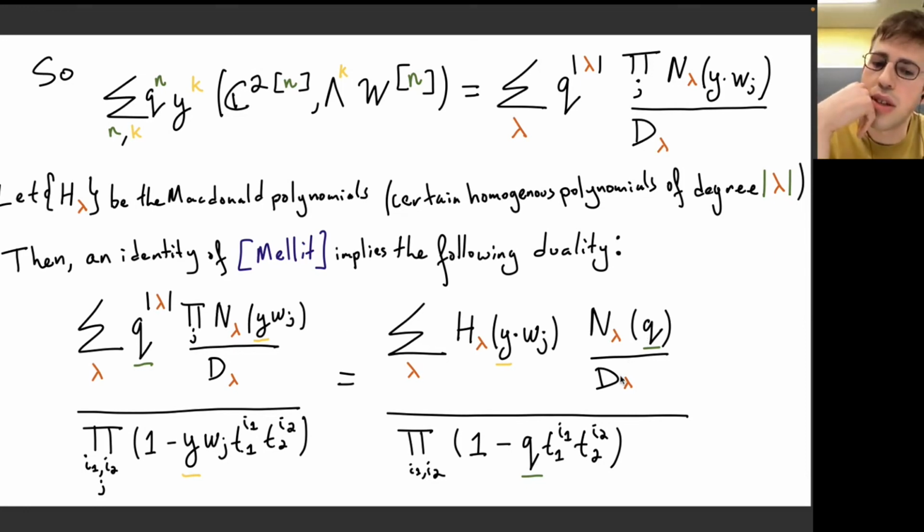And this denominator d lambda turns out to be the same. And again, on the right-hand side, there's some kind of normalization factor. And so when we want to study this series on the left here, this equality lets us relate it to some kind of similar looking series, only with the roles of Q and Y interchanged.